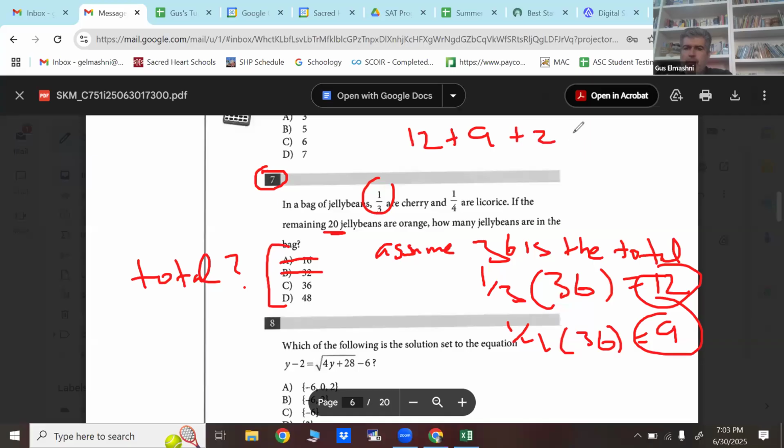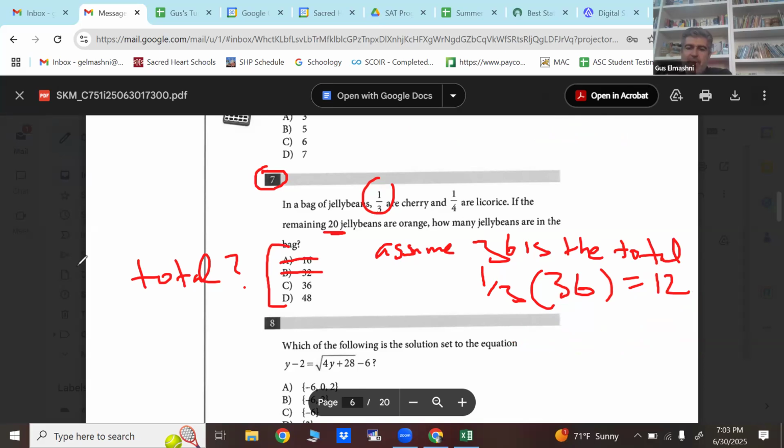What does all that add up to? Yeah, we overshot it. So that's not going to make any sense, because it has to be 36. So it better be D. Otherwise, I don't know what to do. But for the most part, if you're running short on time, you could just pick D.